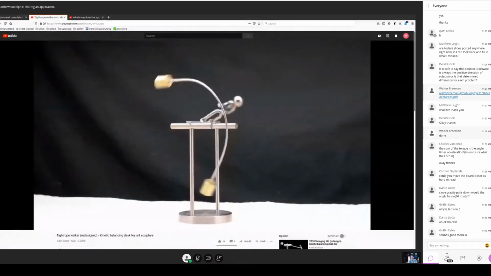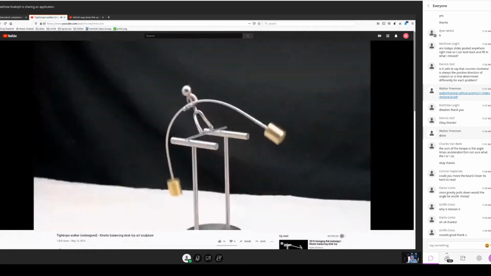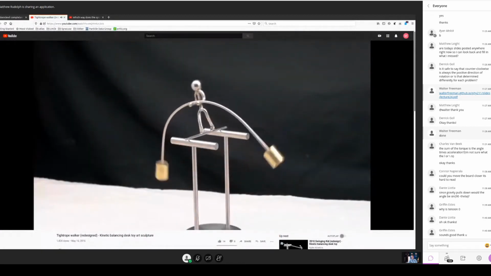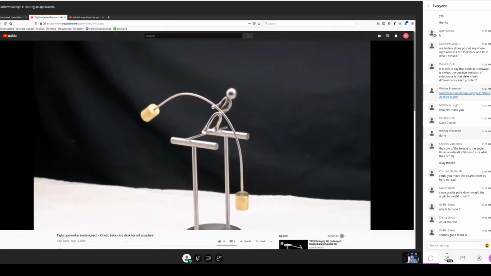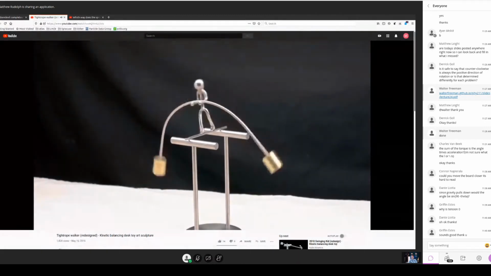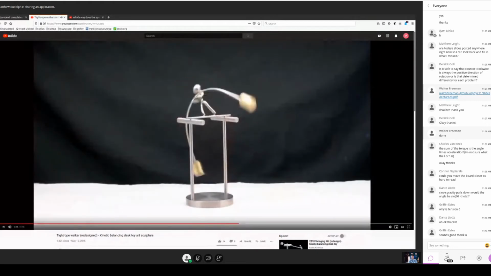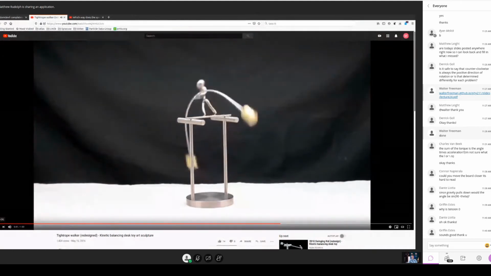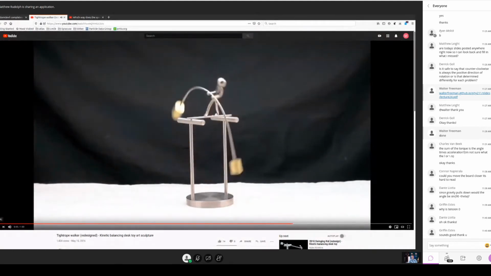And if there's friction in this, it'll slow down as it goes, and eventually it'll right itself and be balanced again. So we can actually figure out why this is happening, why this is a stable setup, by doing a little problem.